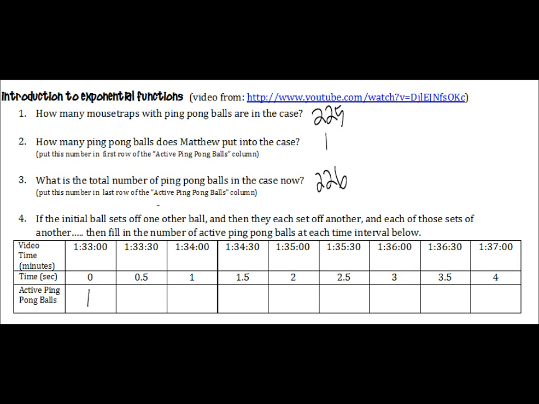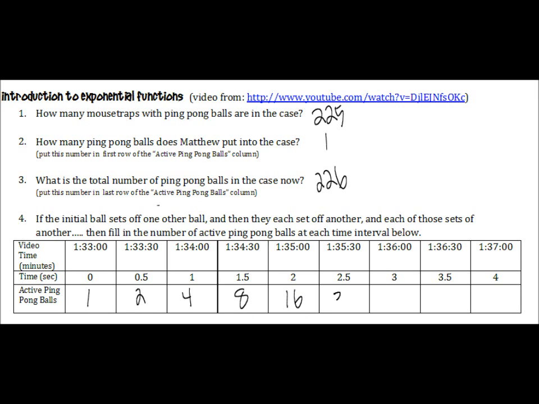If that sets off another, we have a total of 2 active ping pong balls. If those each set off another, we have 4. If those each set off another, we have a total of 8. And if those set off another, we have a total of 16. You can see the pattern developing here, where each step is just a multiple of 2. So times 2, times 2, times 2, times 2.